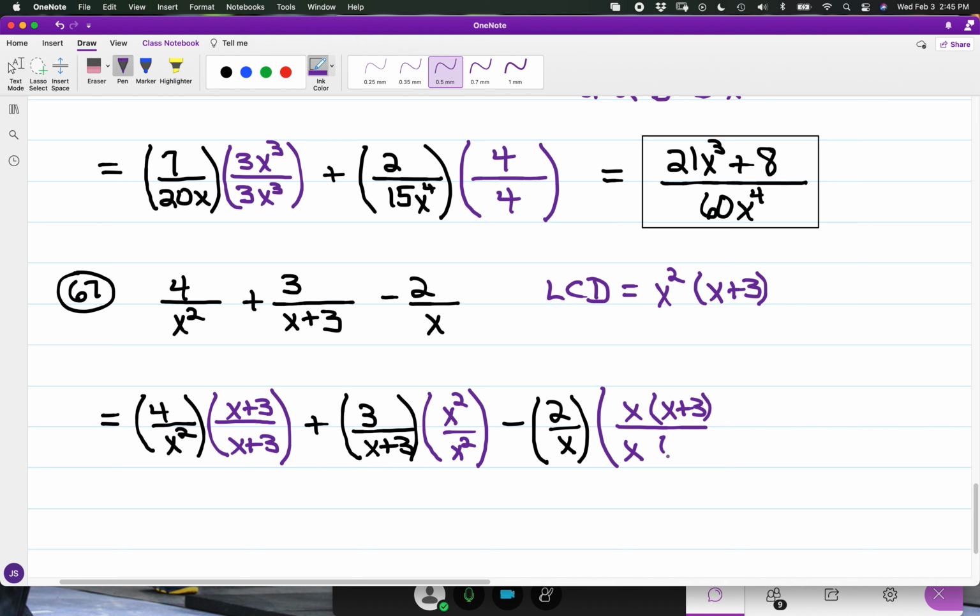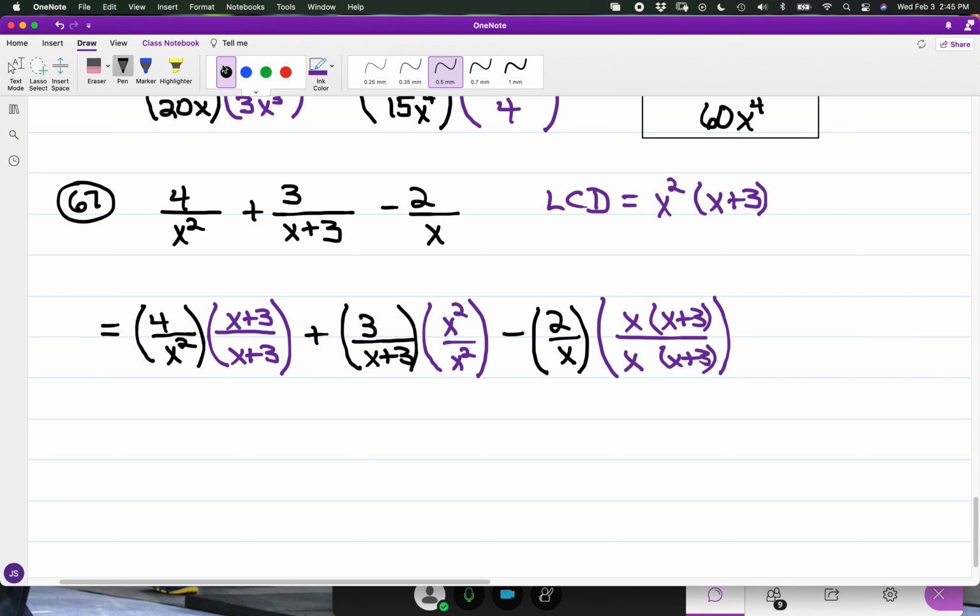So this last ratio will be multiplied by 1 in the form of x over x plus 3 all over itself. If you notice, for all denominators, you have x squared times x plus 3. x times x is x squared, and we still have all over x plus 3.